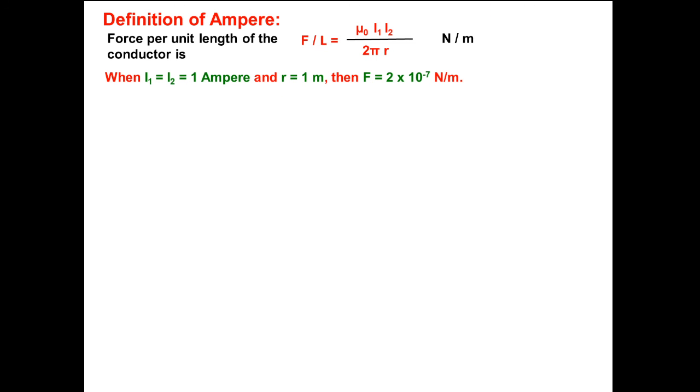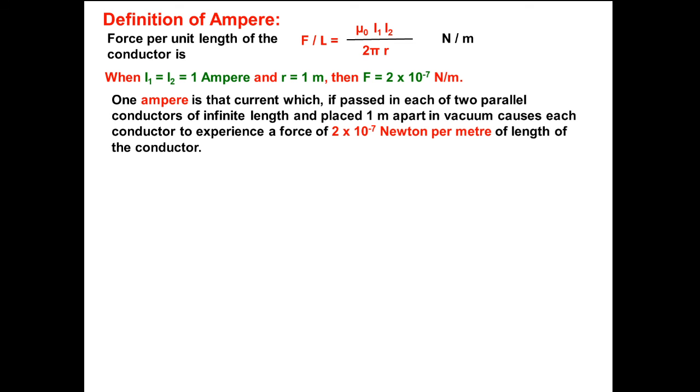Now if I1 equal to I2 equal to 1 ampere, and both are placed 1 meter apart in vacuum, then the force is 2 into 10 to the power minus 7 newton per meter.